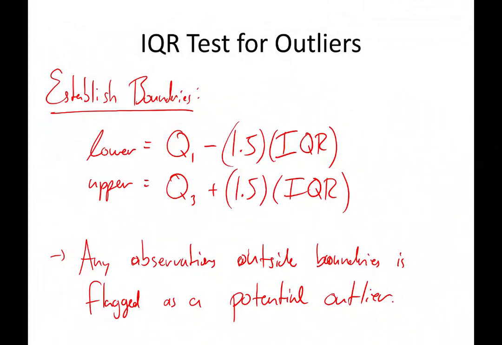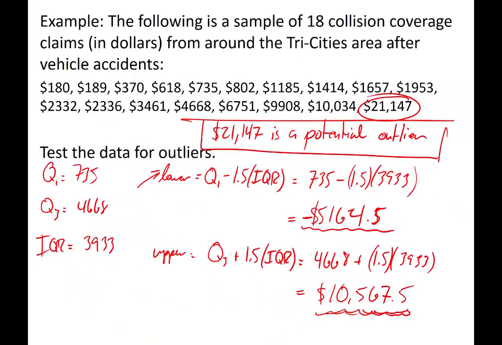So you establish a lower bound and upper bound, and then you just go back to your data set and see if anything is outside those boundaries. So for the collision coverage data, we did that. We established a lower bound, we established an upper bound, and then we found out that at least one of those claims is a potential outlier because it was above our upper bound. Yeah? Okay. So quartiles are useful in that way.